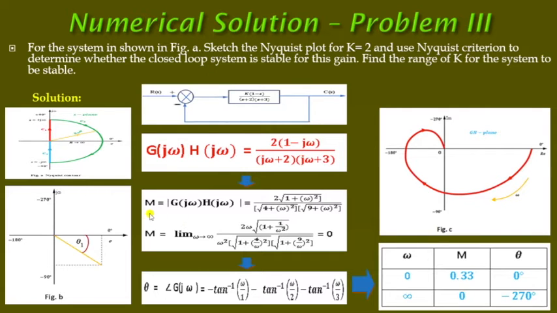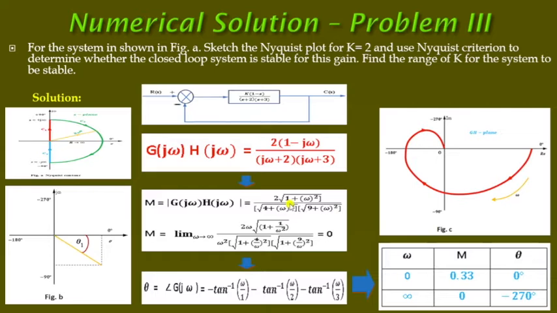Then calculate the magnitude. Taking the mod of this value, this is 2 into root over (1 plus omega square) divided by root over (2 square, that means 4 plus omega square) into root over (3 square, that means 9 plus omega square).